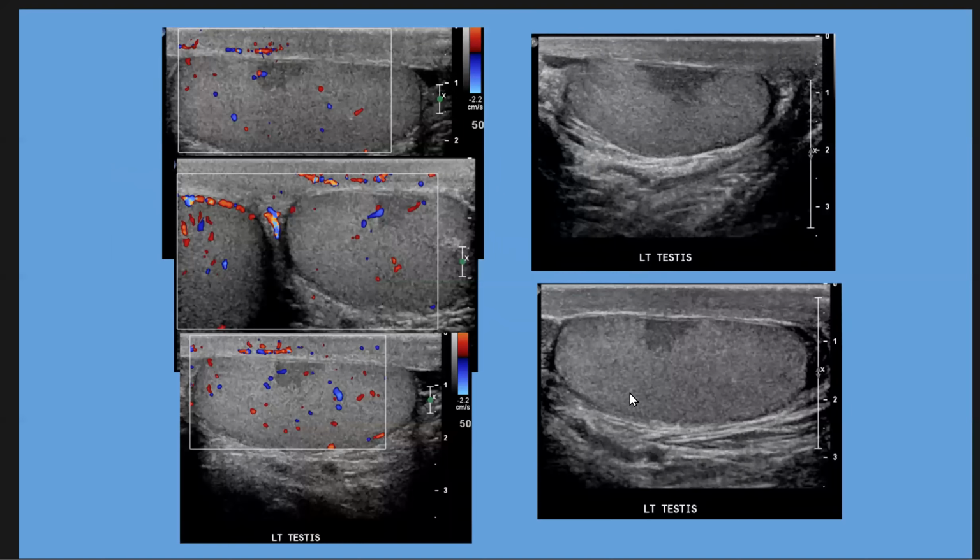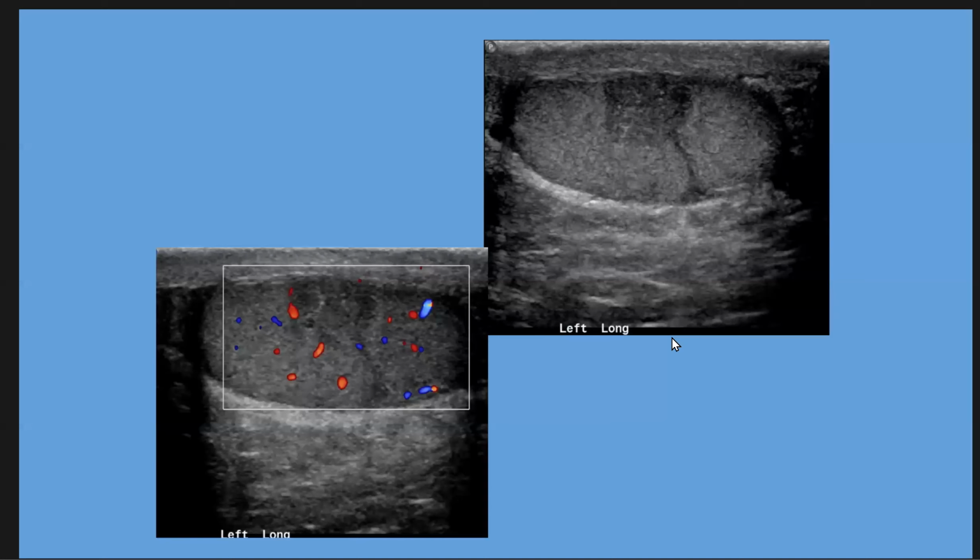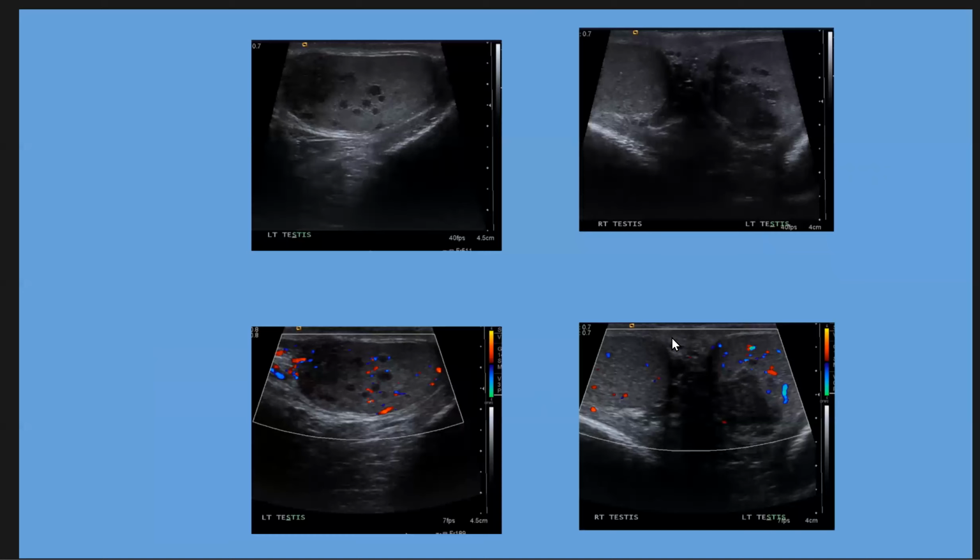Patient here presented 40 years old with acute pain, but no palpable mass. On ultrasound, we have a mass lesion with no vascularity involving the superficial part of the testis, and it is segmental infarction in this patient. Another patient, 38 years old, has a scrotal mass with multiple lesions involving the left testis.